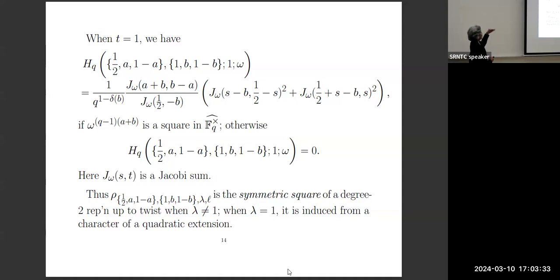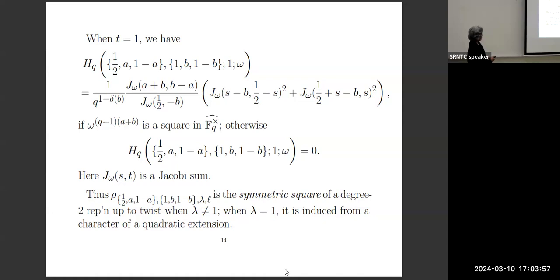It depends on the omega that we choose. If omega raised to this (q minus 1) times (a plus b) is a square, then this H_q is expressed using Jacobi sums. And when it's not a square, it's equal to 0.